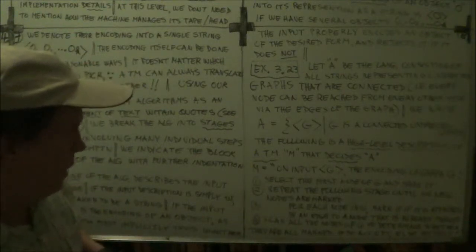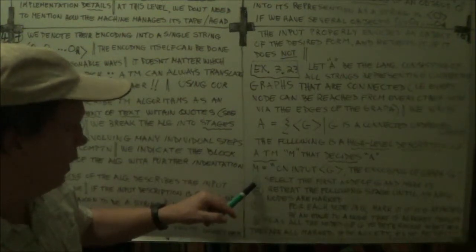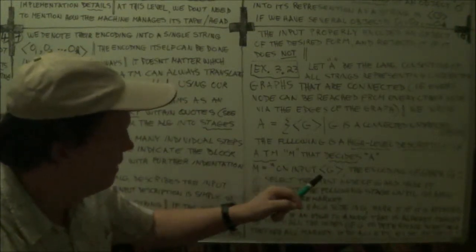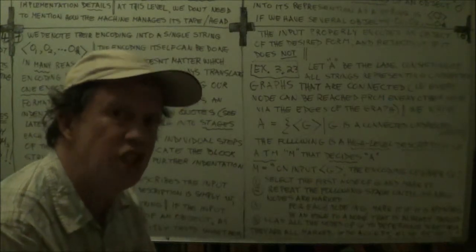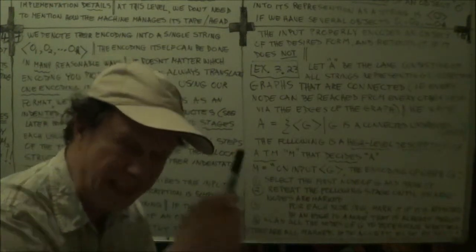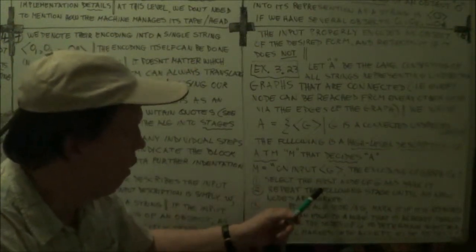Okay, so here's the algorithm. Stage one: you select the first node of the graph. This encoded G goes into the Turing machine, and the information about the graph G is extracted and decoded. So the Turing machine knows the properties of this particular graph G, and is able to go to the first node.